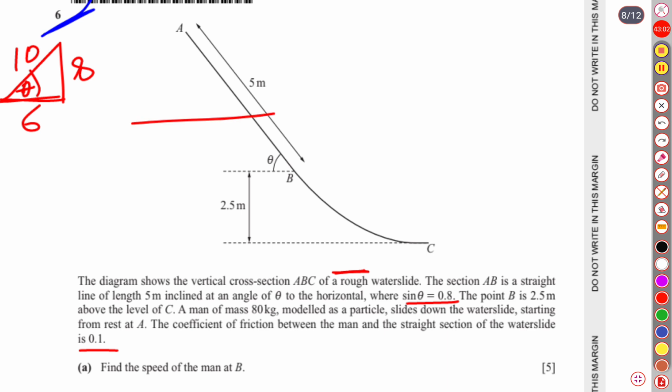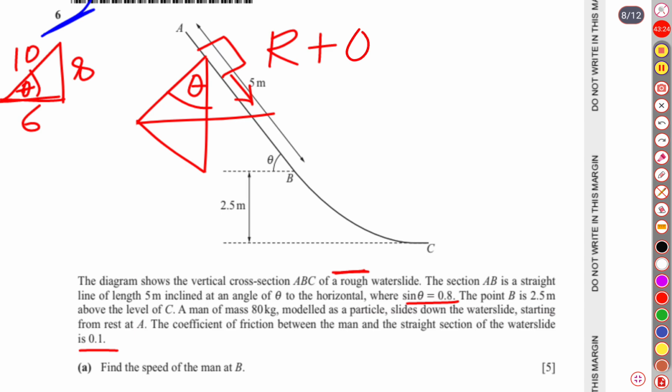Well, then we will have to complete the diagram. So this is the system. Let's find our normal reaction force. The normal reaction R plus, there is no upward force, so it is 0, and the downward component of the weight is mg cos theta.